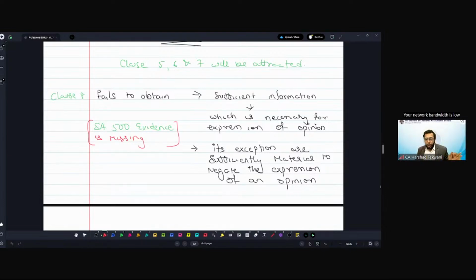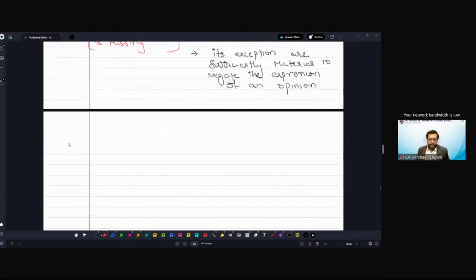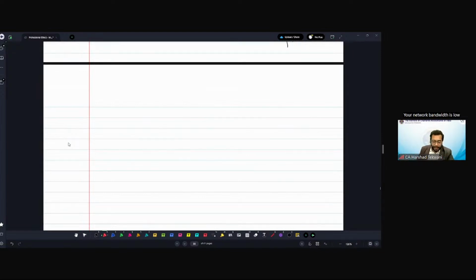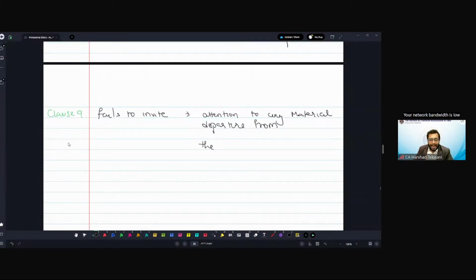Okay, so that is clause 8, and in continuation, I will also write clause 9 because it is on similar lines. Clause 9, which is if he fails to invite attention to any material departure from the generally accepted audit procedures.